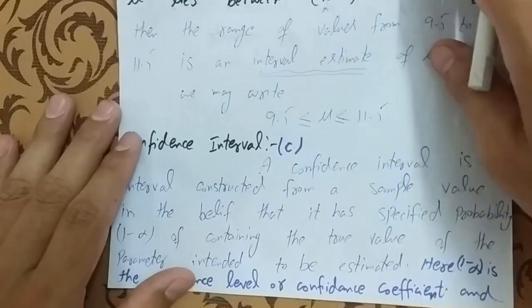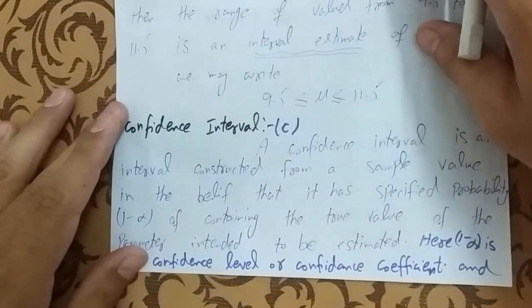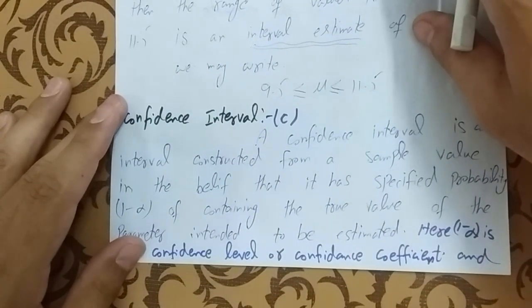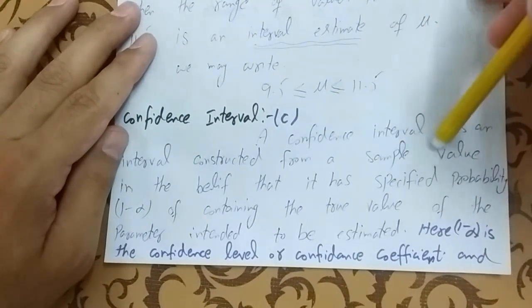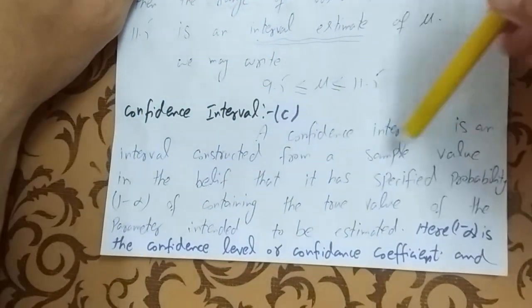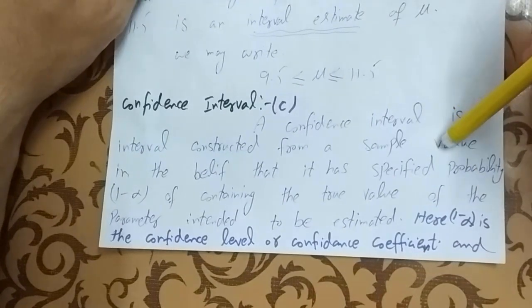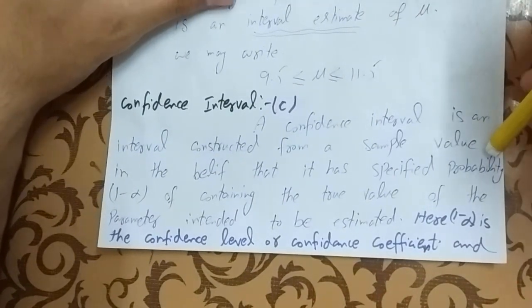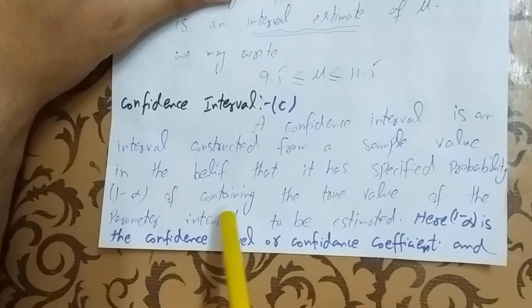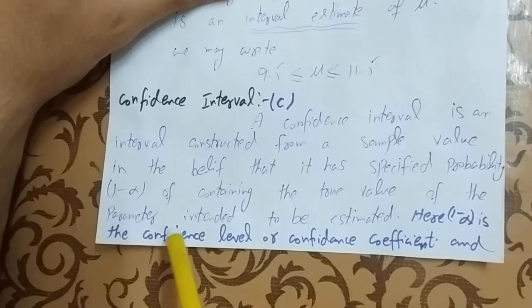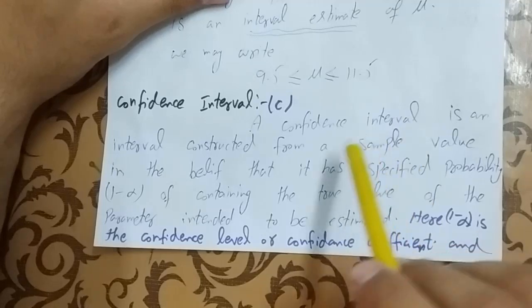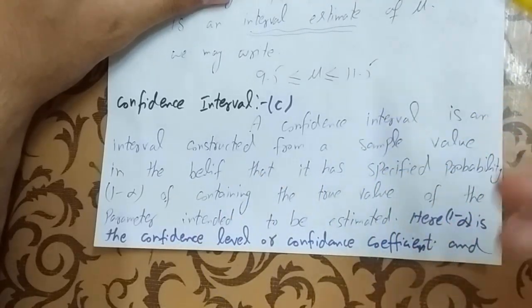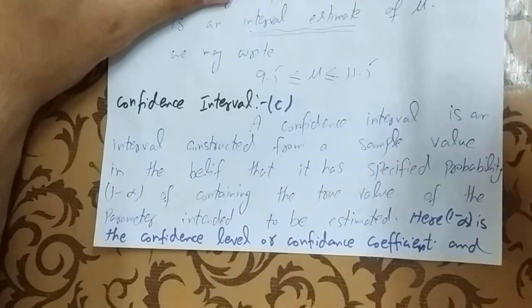Now the confidence interval. What is a confidence interval? A confidence interval is an interval constructed from sample values in the belief that it has a specified probability 1 minus alpha of containing the true value of the parameter intended to be estimated. Dear students, a confidence interval is a special type of interval estimator.